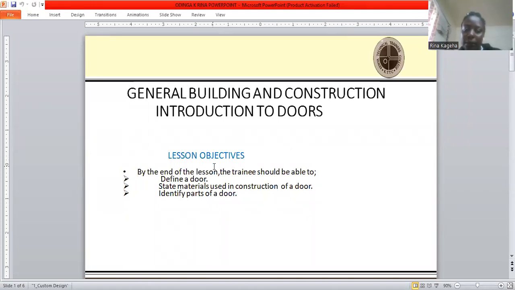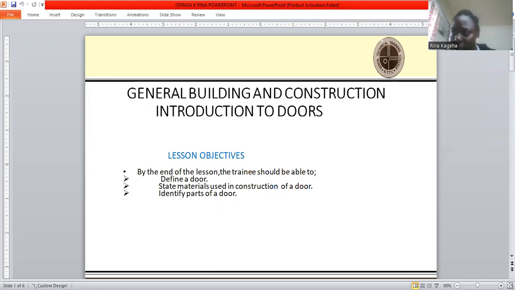Objective number 1, by the end of the lesson, you should be able to define a door. Our second objective, you should be able to state materials used in construction of a door. And in our third objective, you should be able to identify parts of a door. Are we together up to that point, class? Yes, we are together.